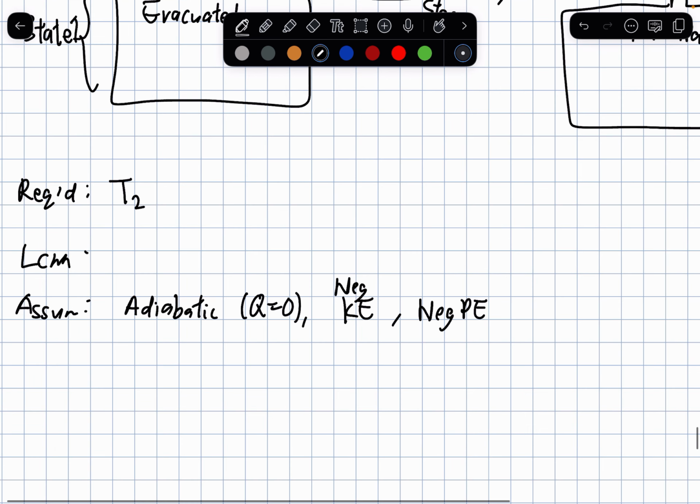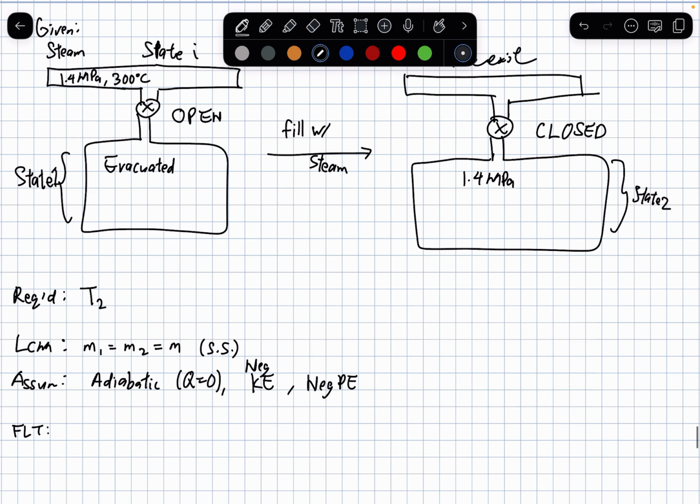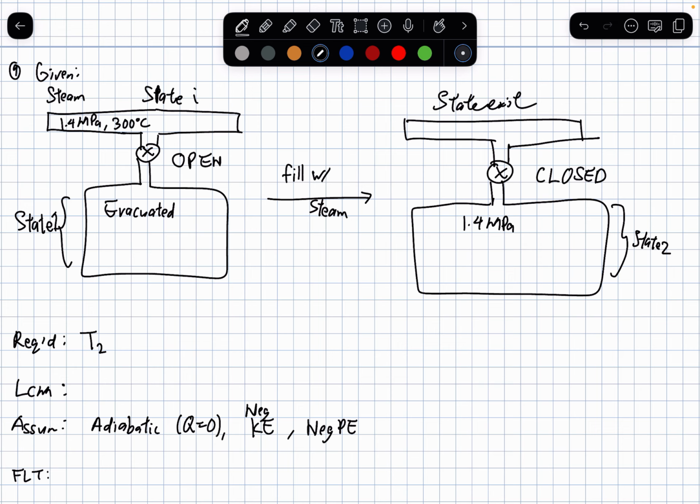Okay, so what do we do? Is this process an open system or a closed system? We have an incoming stream. We also have an exit state, but there is no output stream.